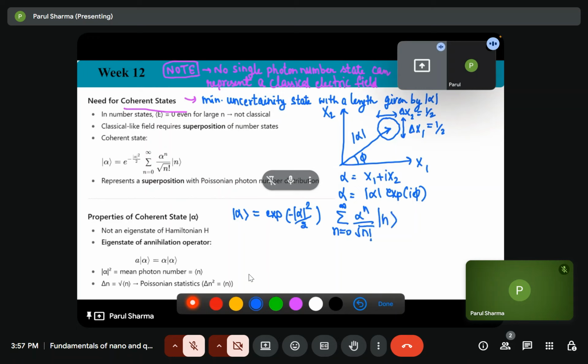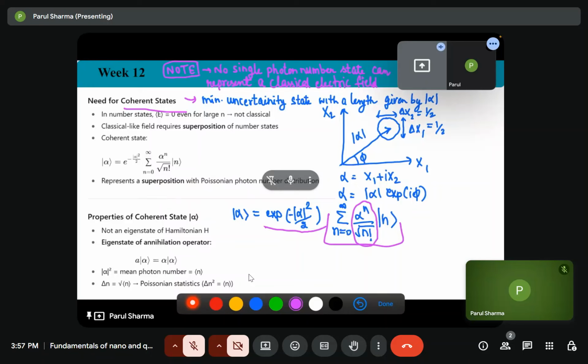So now alpha n by root n factorial is the coefficient associated with each state, and it represents the superposition of number states, where the exponential minus alpha square by 2 is the normalization constant.